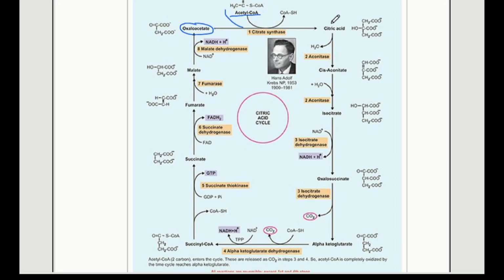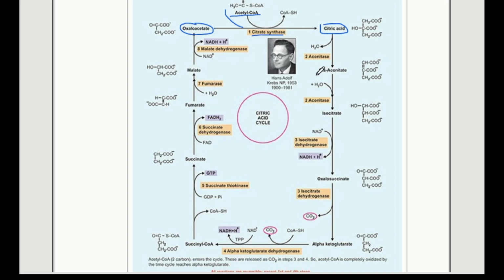They both are producing the citric acid. First step of TCA cycle is formation of citrate. Here the enzyme is citrate synthase. So with the help of citrate synthase enzyme, acetyl CoA and oxaloacetate are producing the citric acid.